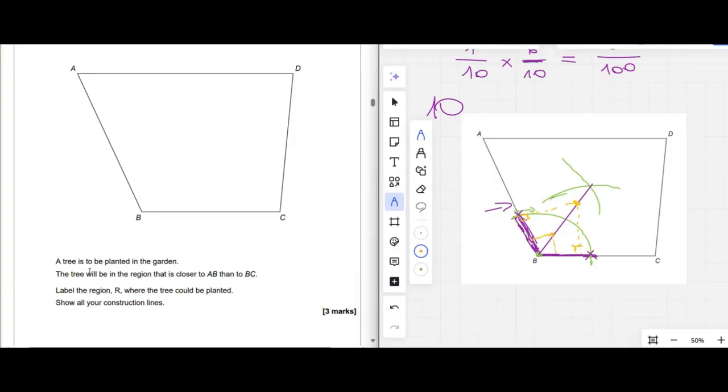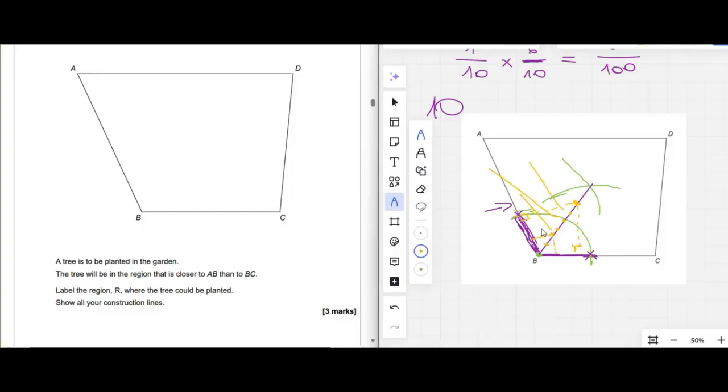And the task says, a tree will be in the region that is closer to AB than to BC. So we need to make a dotted line. Yeah, we want to exclude that line because on that line a tree is exactly as close to AB as to BC.